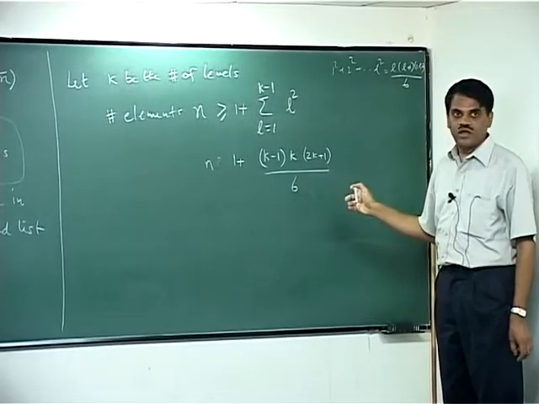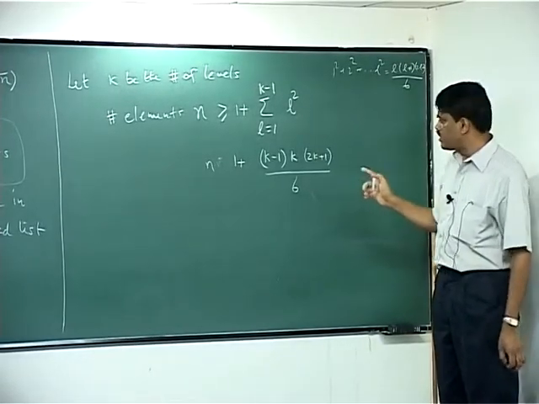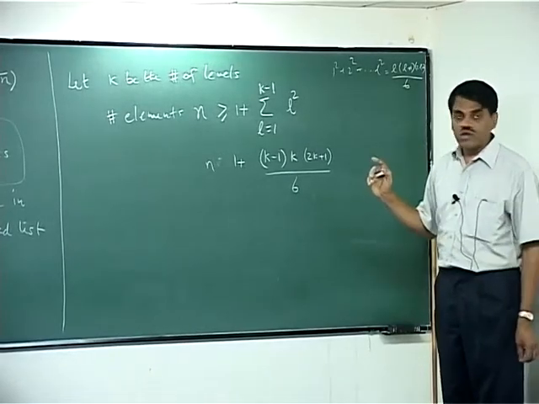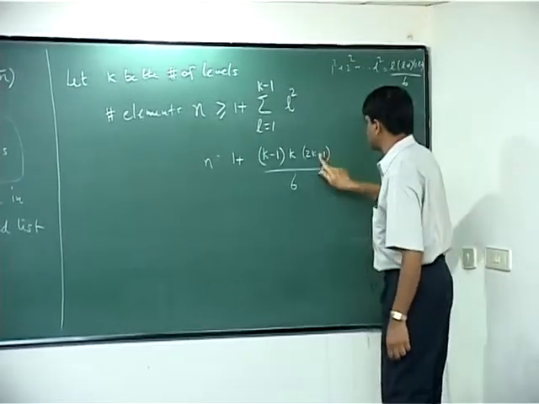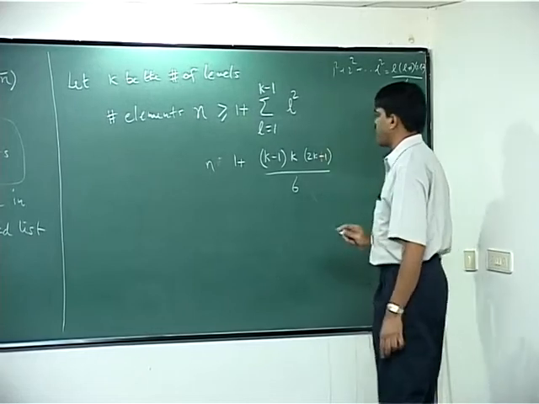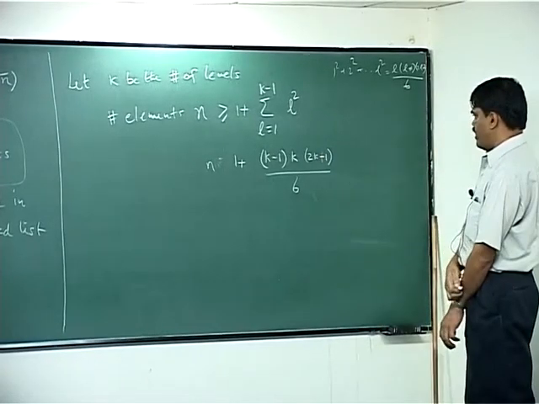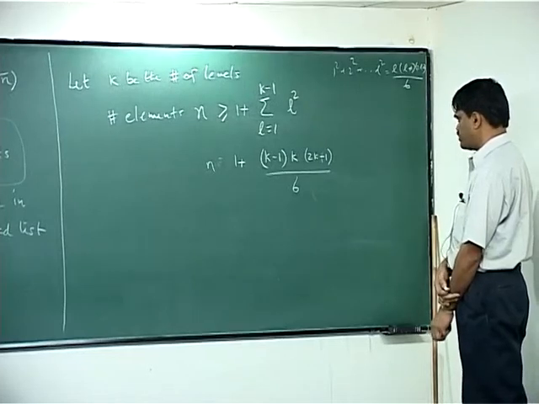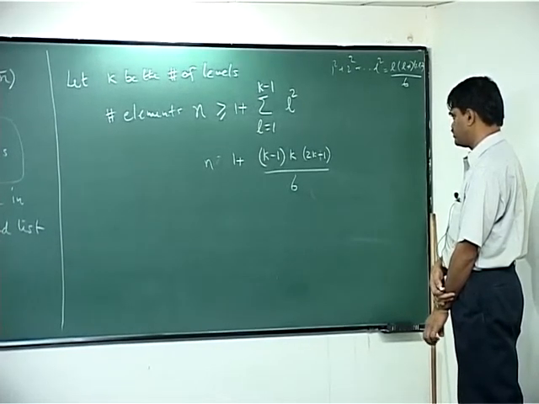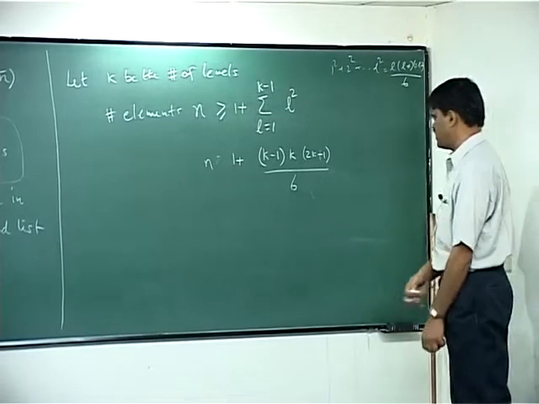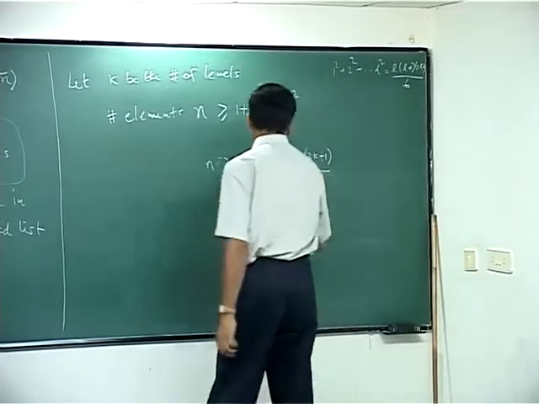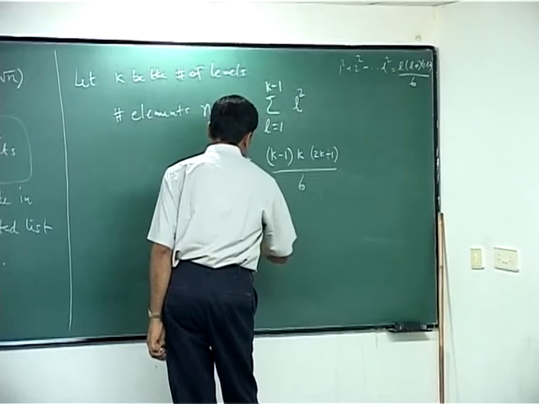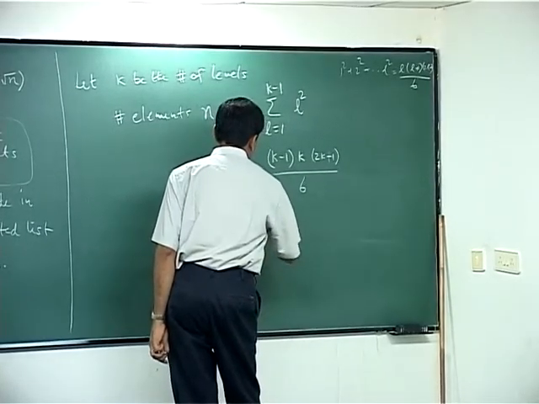Is this fine? Okay. So, from here we have 6 n minus 1 is greater than or equal to k cubed roughly.